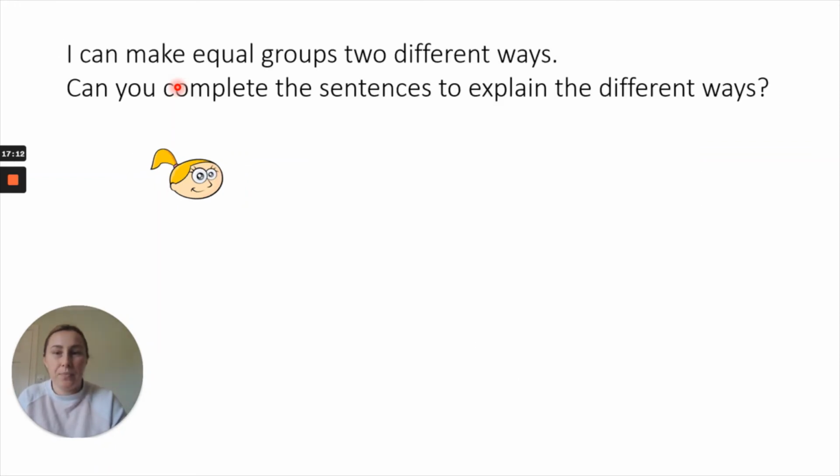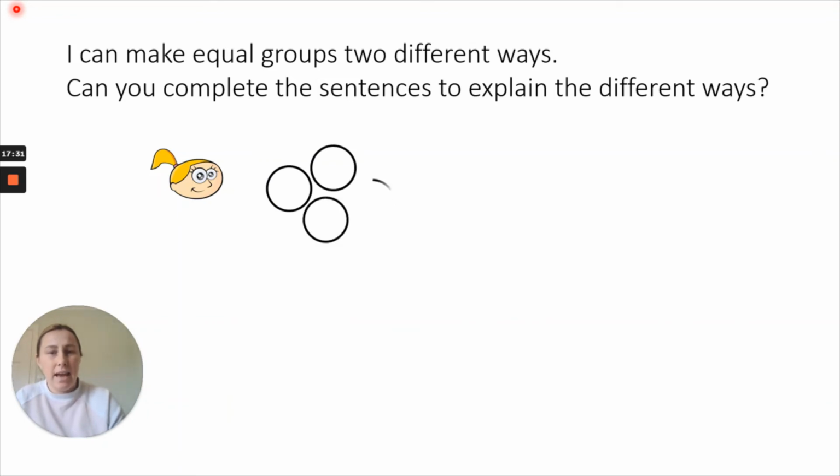And then your final task is, I can make equal groups 2 different ways. Can you complete the sentences to explain the different ways? Right, let's count how many she has got.